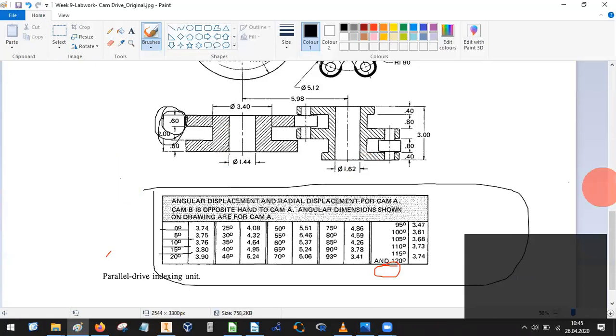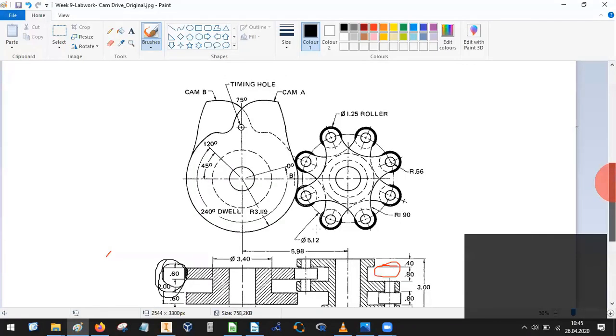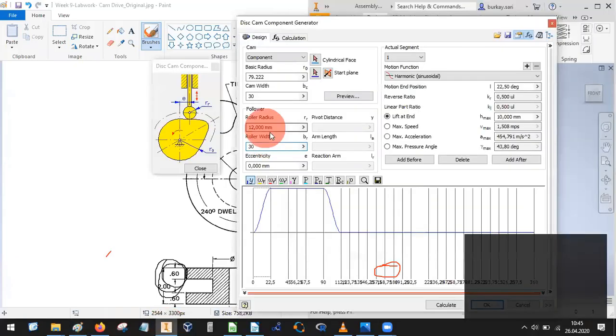Our follower here has 1.25, and this time I will change this radius, which is 1.20 multiplied by 25.4, which is 30.5.